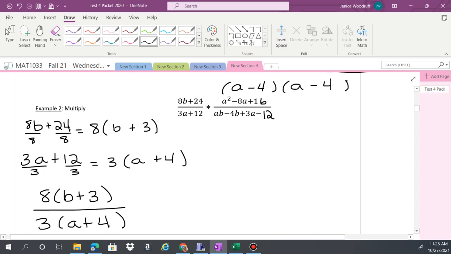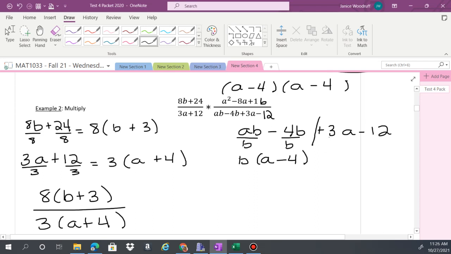All right, now my second one here, this is 4 terms. So it looks like I'm going to have to factor this by grouping. All right, so we split it down the middle. What can I pull out of AB minus 4B? They both have a B. So that would give me B, and then A, and then 4B divided by B, just a 4.